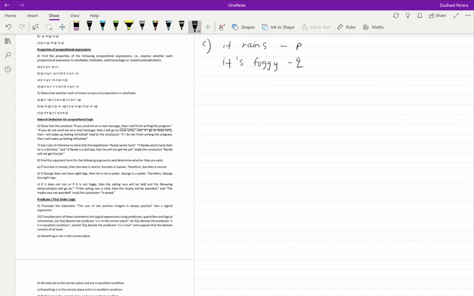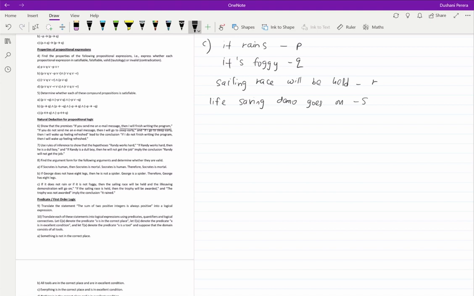That's Q. And then we have the sailing race will be held. Sailing race is held, it's R. And the life-saving demonstration will go on. Life-saving demo goes on. Let's call that S.